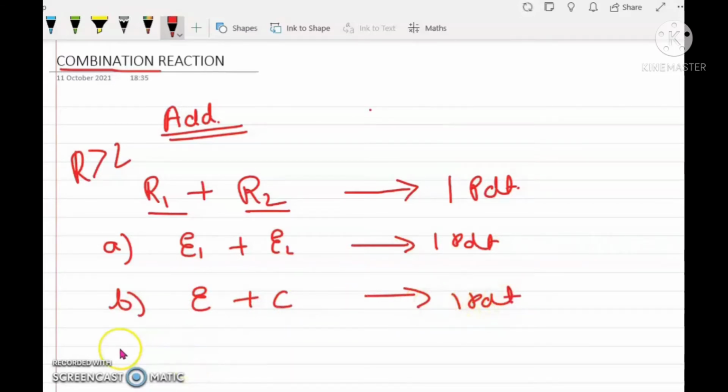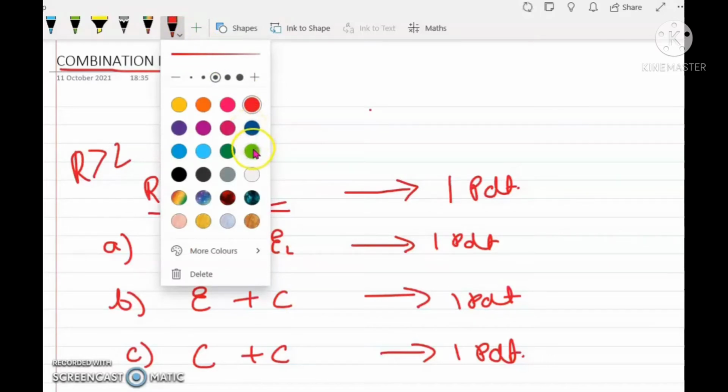You can also have 2 compounds coming together to give you one product. Now let me explain this again with some examples so that it becomes crystal clear.